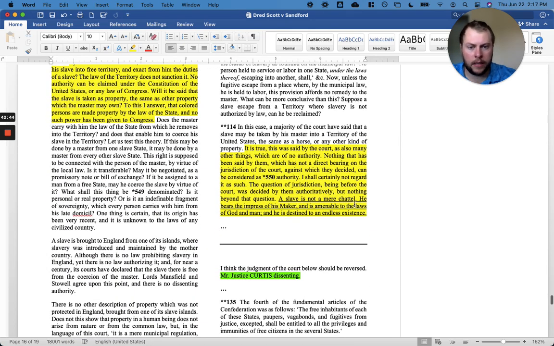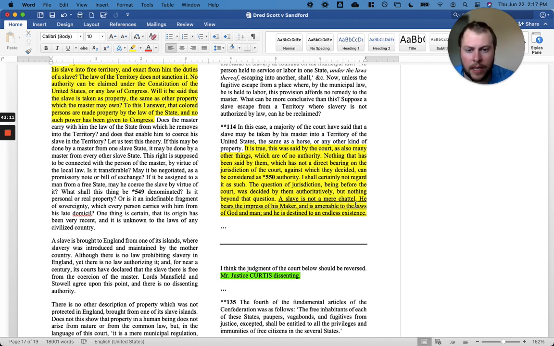This is a great quote. You may have seen this from other places. It is true. This was said by the court, as also many other things which are of no authority. Nothing that has been said by them which has not a direct bearing on the jurisdiction of the court against which they decided can be considered as authority. Again, obiter dicta, you're just talking to be talking, has nothing to do with stating what the law is.